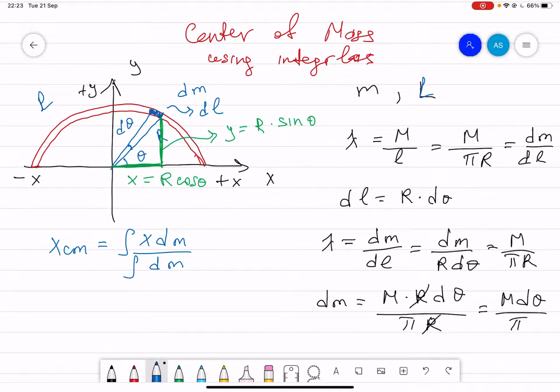Since it's x and y coordinates, we have to find the center of mass for x and the center of mass for y. Now let's find the center of mass for x. The integral of x dm is equal to M d theta over pi.